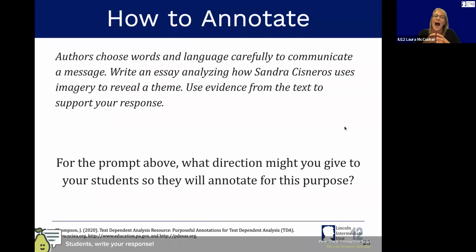And so I might, in this example, give the first time that they're looking for imagery and they're underlining where they see imagery or sensory language. And then the second time through, maybe they're using some different notation or a different colored highlighter. Now they are going to circle big ideas or lessons learned.